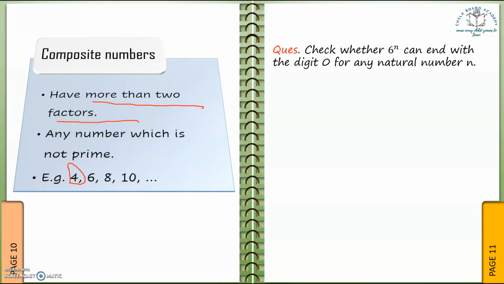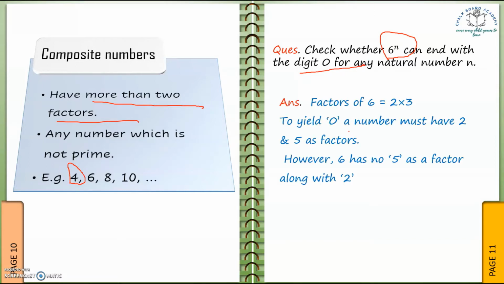So now we have this question here. Check whether 6 raised to the power n can end with digit 0 for any natural number n. So we have to check this, and to check this we should know about the factors of 6. So the factors of 6 are 2 and 3.